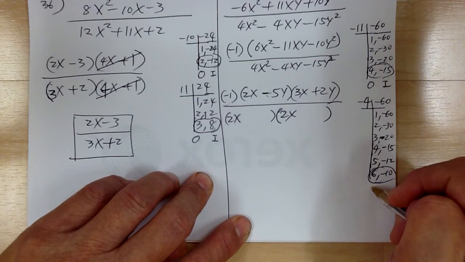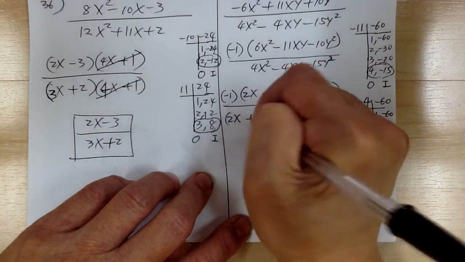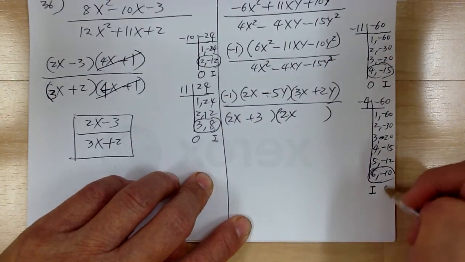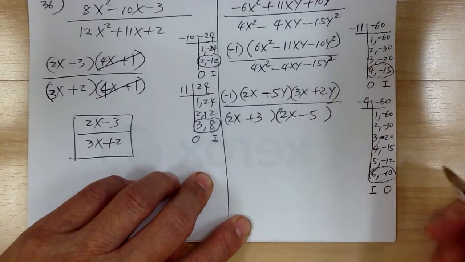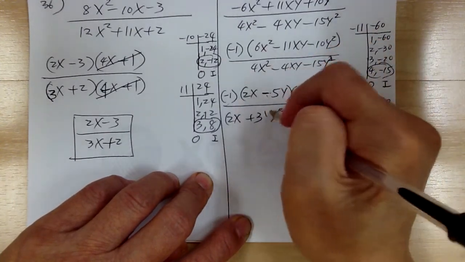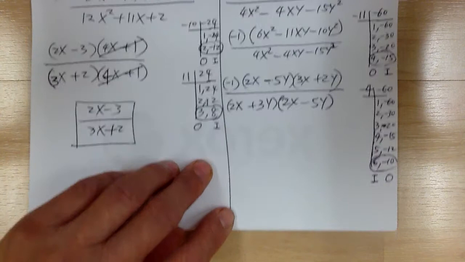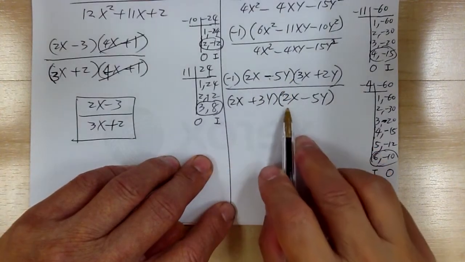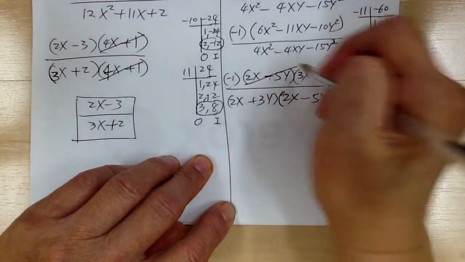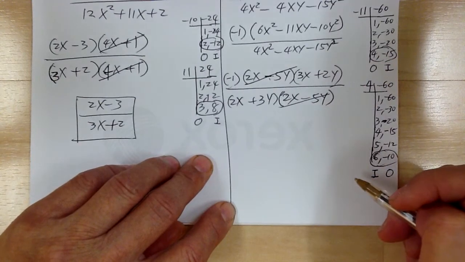If I make this the inside, it would be plus 3. If I make this the outside, it would be minus 5. And again, that's a y squared, so you have to put y in the back. So now I have 2x minus 5y, 2x minus 5y. You can cancel, and that's it.